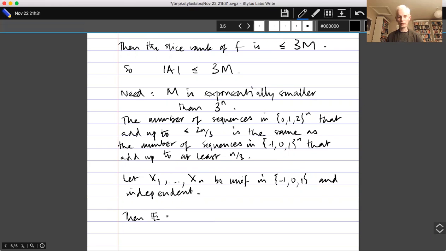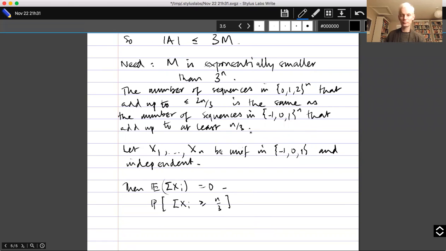Then the average of the sum of xi equals 0, and we want the probability that the sum of xi is greater than or equal to n over 3. We did this in the section on estimating things like binomial coefficients.